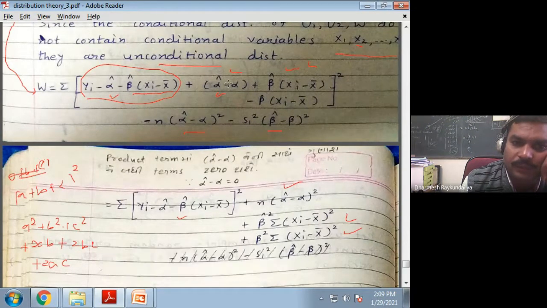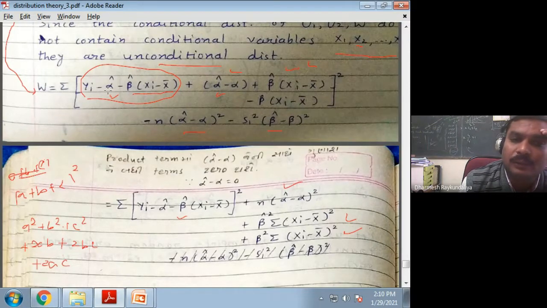If you multiply this with this, what happens? This is the constant, summation yi is y bar, and this is n y bar, and if you take the summation inside, it is alpha cap n. So n alpha cap is y bar, so this cancels out, and beta cap is outside, so summation xi minus x bar is 0.